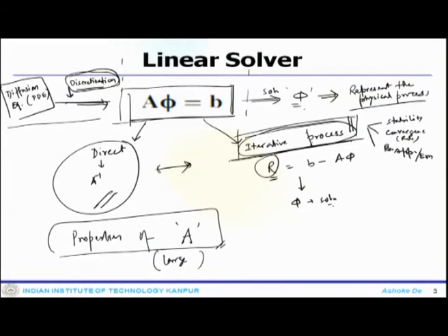But that involves assuming the properties of A, which is the backbone of this calculation process. So, what we need to do next is talk about some properties very quickly, and once we do that we will move to the calculation of the direct solver.